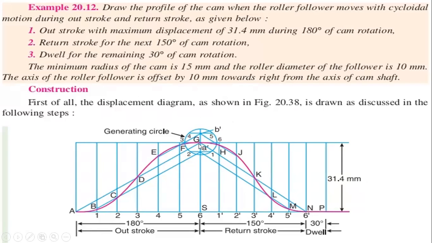First of all, draw the line AG, that is the starting point of the outstroke, and the final point of the outstroke, that is on the top of the outstroke line. And we have to draw another line, that is G2, which is the last point of the return stroke and the initial point of the stroke.